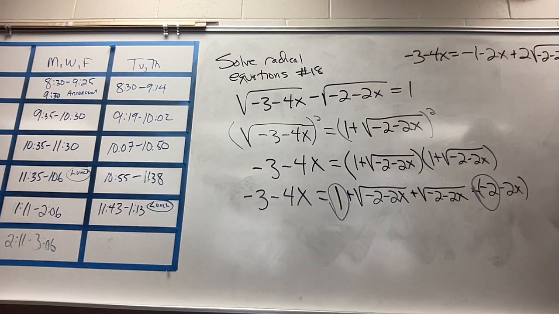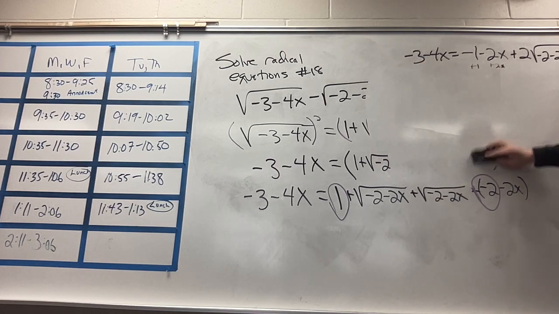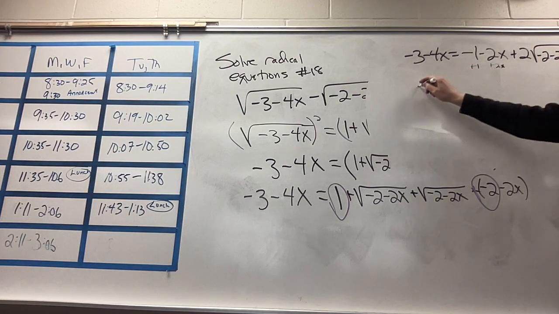All right, in a minute I'm going to have to erase this. I'm going to add 1 to both sides, I'm going to add 2x to both sides, say yep. All right, all right. So adding 1 is going to give me a -2.